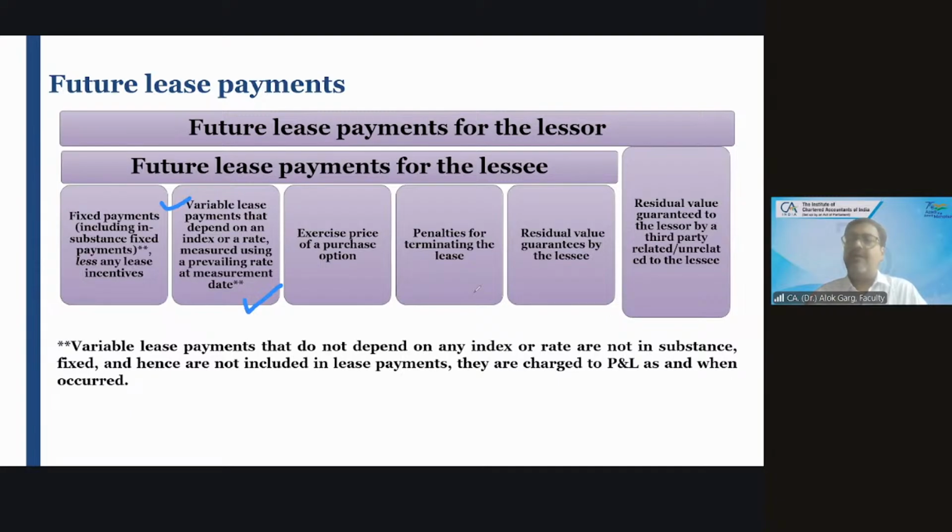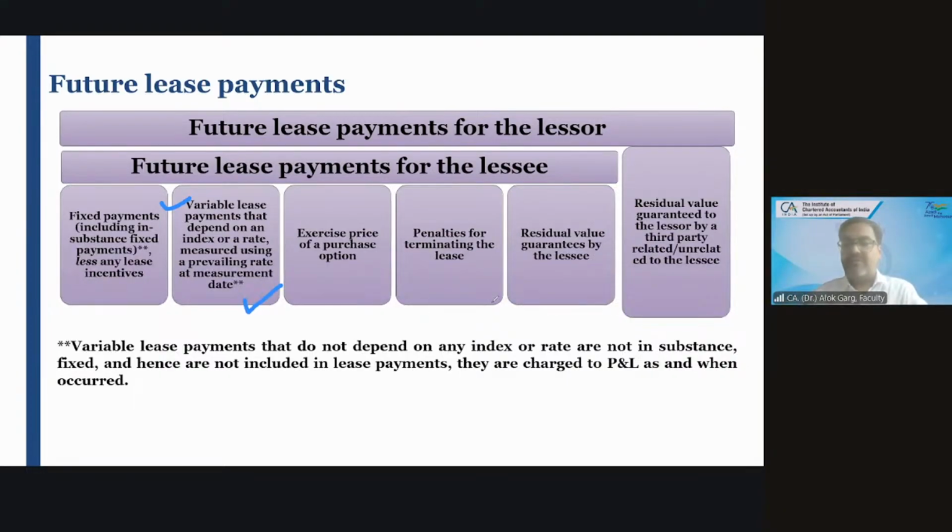For example, let's say Ria has taken a factory on a lease basis. And you know how the rent was structured? The landlord told Ria, you have to pay 1 lakh rupees of fixed rent plus 5% of the turnover as rent.